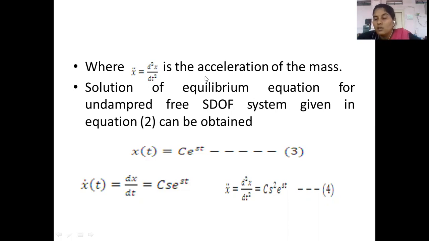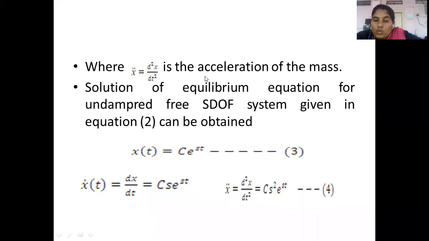Displacement is x, velocity is dx by dt, that is x dot, and the third one, acceleration, is the double derivative of x with respect to t. So these parameters we have to use in this equation while solving this derivation.